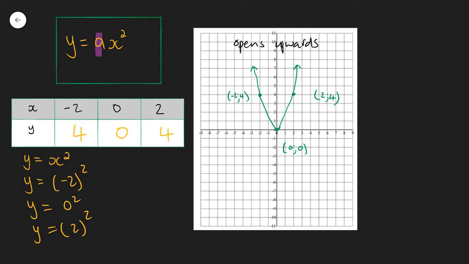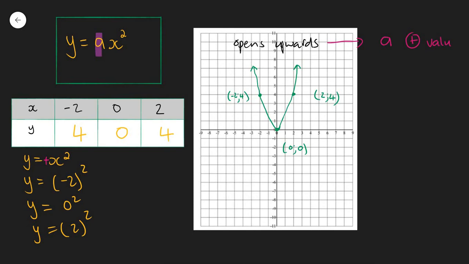It opens upwards, and that is because a has a positive value. You'll see there's a positive in front of that. It has a positive value.